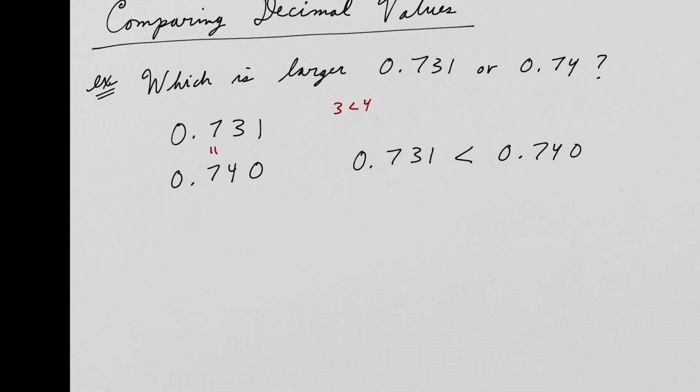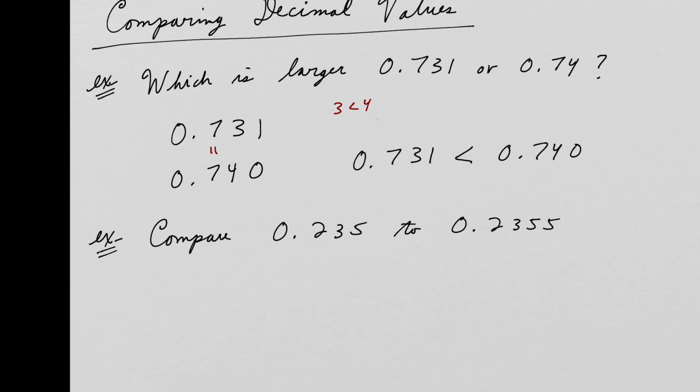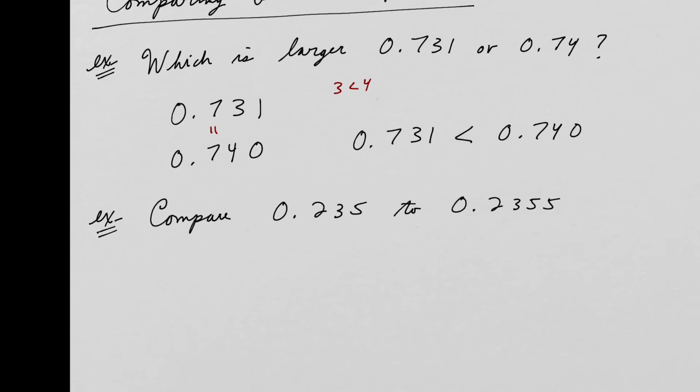So here's another example. Let's say we want to compare 0.235 to 0.2355. Okay, so I have 0.235 and then 0.2355. Because I have 4 digits in the second decimal value, I went all the way to the 10,000th place. In the first number, I'm just going to put a 0 there so they match.